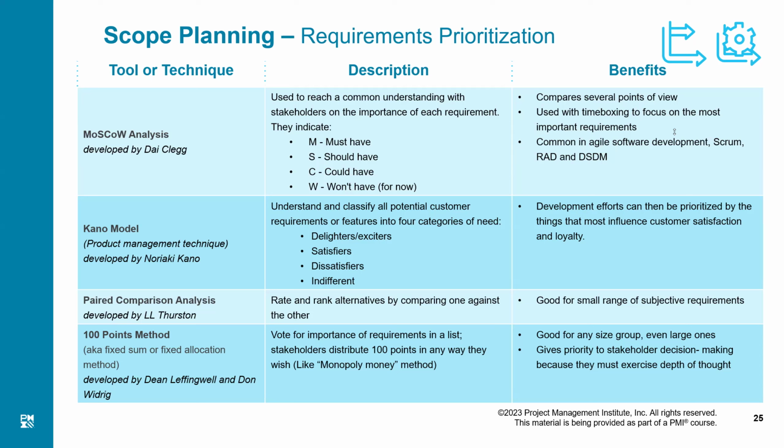Then we have paired comparison, which is more likely to be used in an agile project. But rather, I would say these two techniques, MoSCoW and Kano, can also be used in agile. But paired comparison is a very simple tool, just like you are comparing two things. You make a comparison between two requirements and decide that this requirement is more important than the other, right?